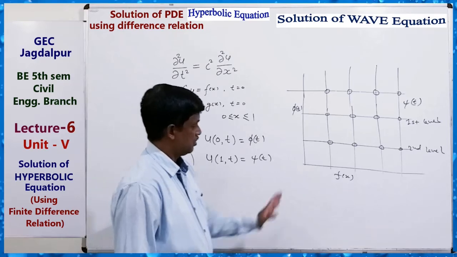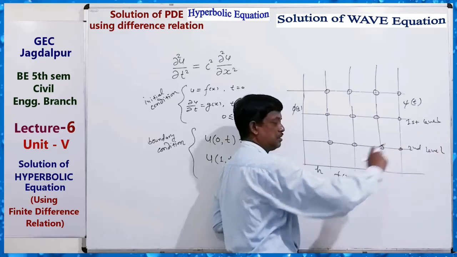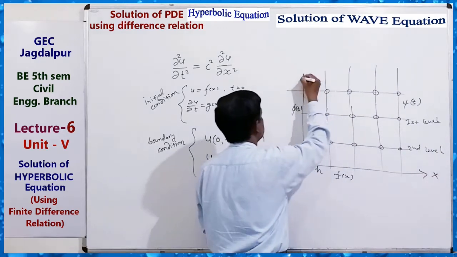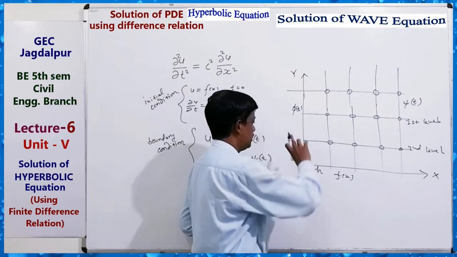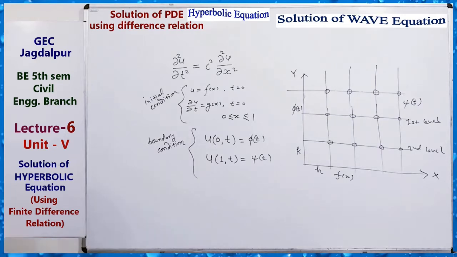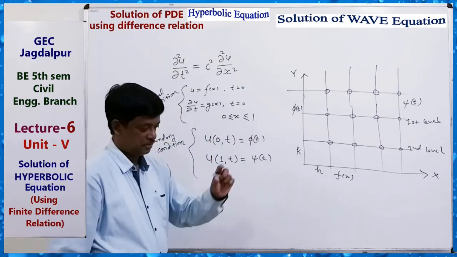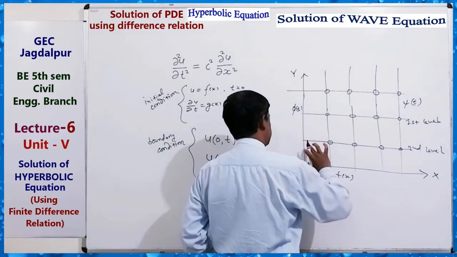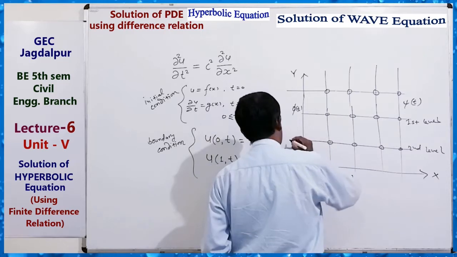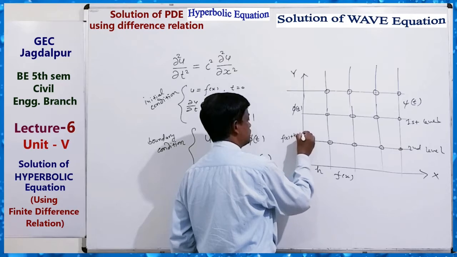Suppose we take the spacing in the x axis direction as h, and in the y axis direction as k. Since g(x) is the partial derivative of u with respect to t, the value at the next level equals f(x) plus k into g(x).